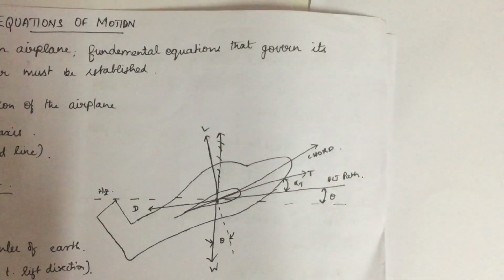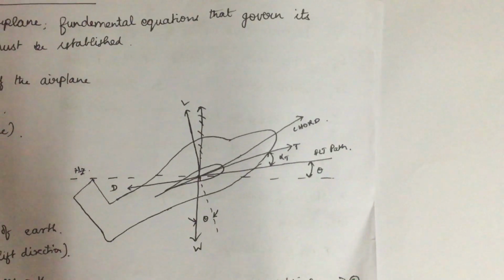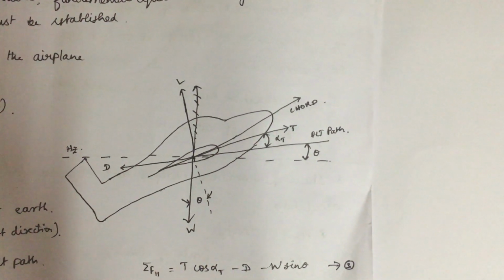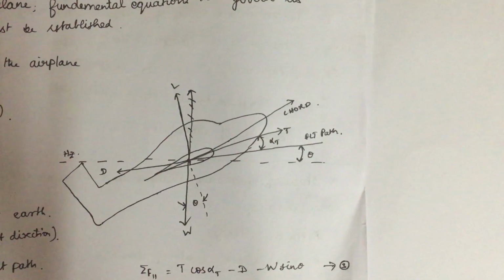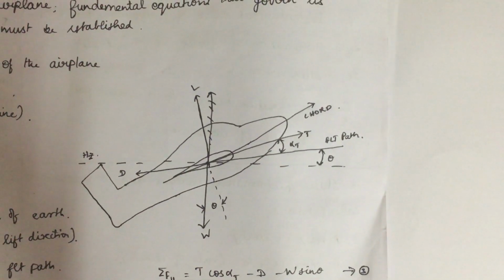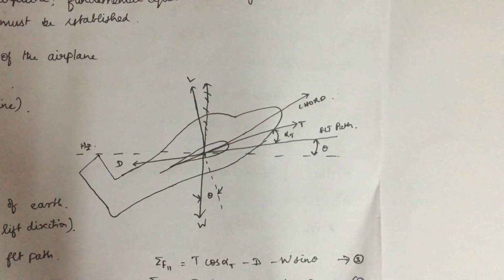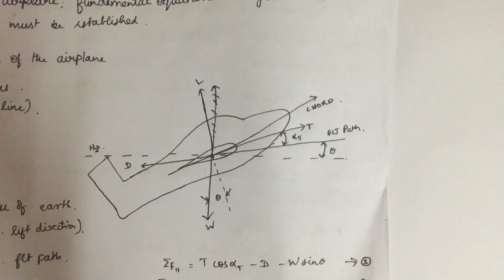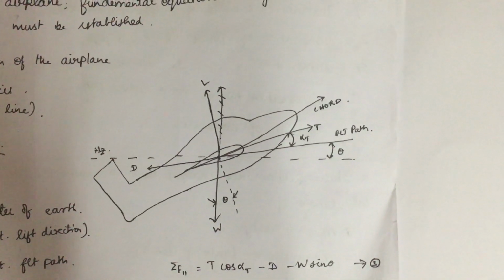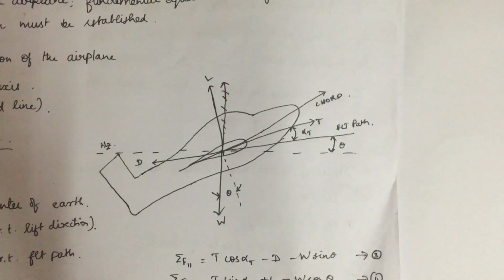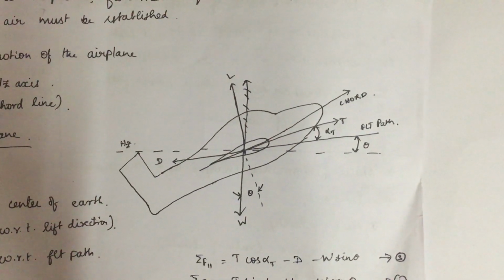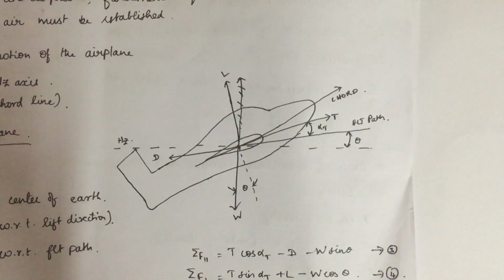Let us see the diagram right now. If you observe this diagram, I'm considering the aeroplane to be in the climbing phase. I have the aeroplane, and in the center you have the airfoil, that is your wings. I am considering 25 percent from the leading edge as the center of gravity. The line joining the leading edge and the trailing edge is your chord, so that is easy to draw.